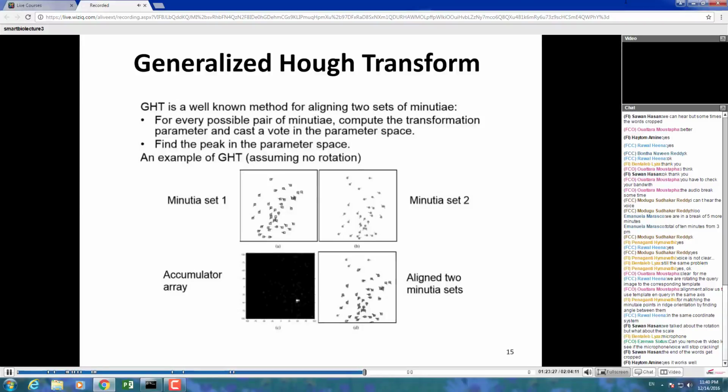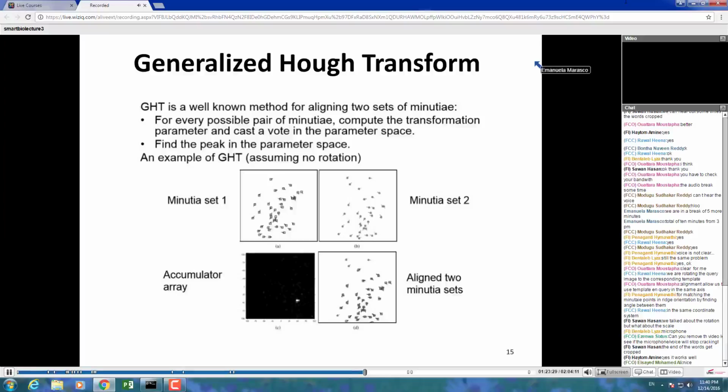We need to find the optimal parameters, which means delta theta, delta x, delta y: how much we need to translate the input minutia points, and delta theta, which is how much we need to rotate the minutia points compared to the template.